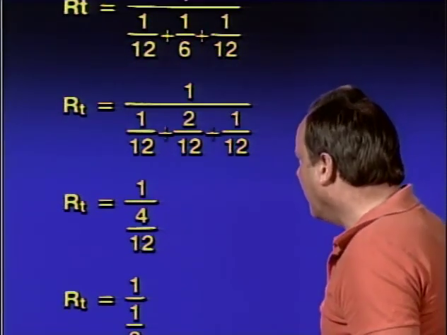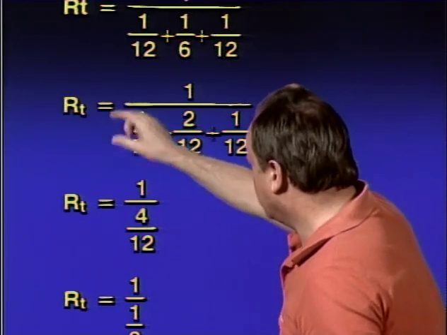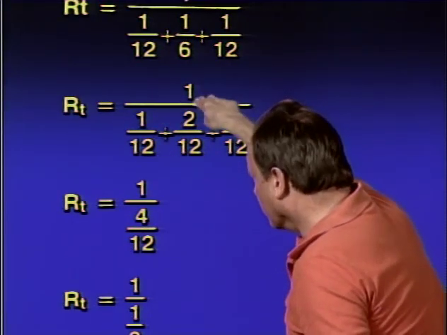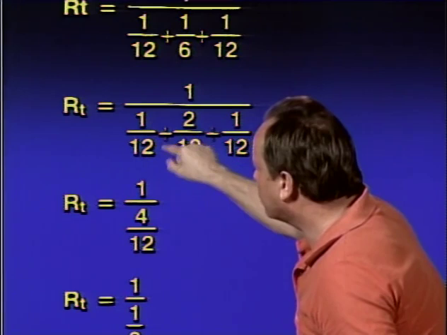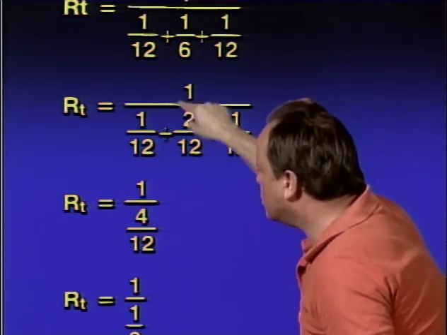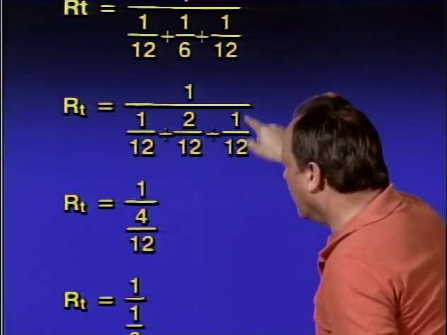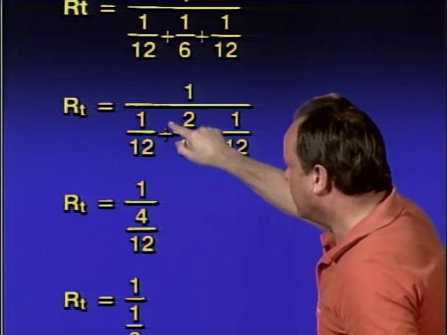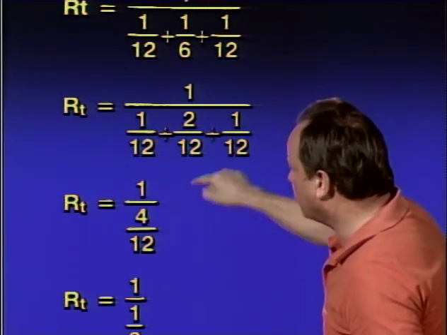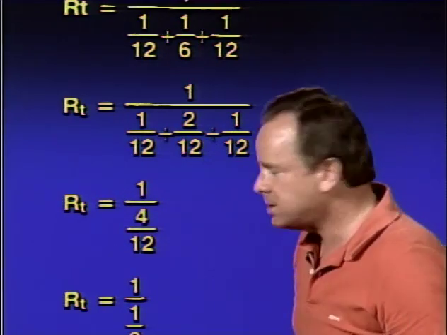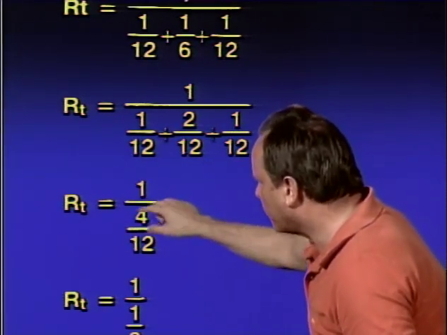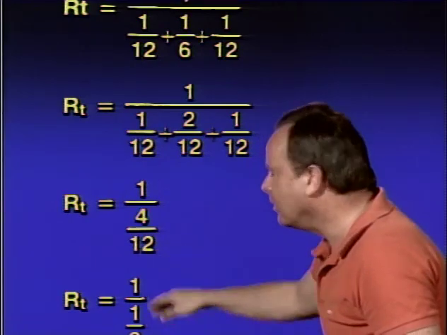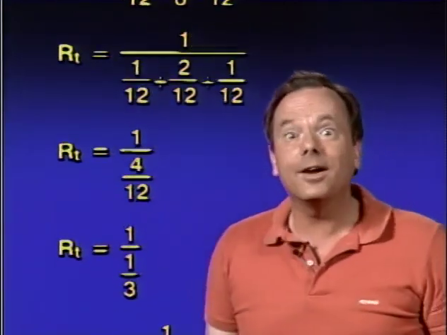And we have now RT is equal to 1 over the fraction 1/12 plus 1/6, but that's 2/12 plus 1/12 because that became 1/12. And so 1 plus 2 plus 1 comes out to 4/12. So now the total resistance is equal to 1 over the fraction 4 divided by 12. Let's take a look at the next item down there again.